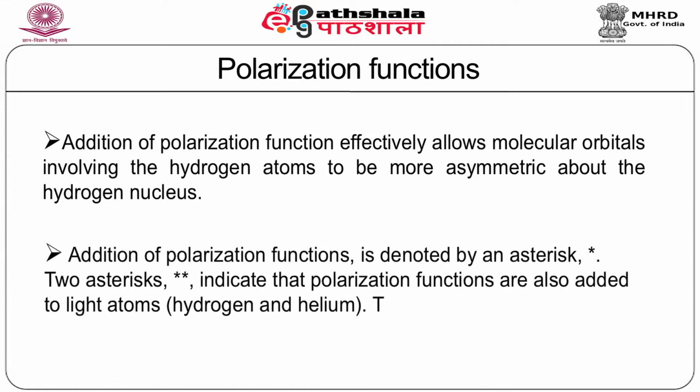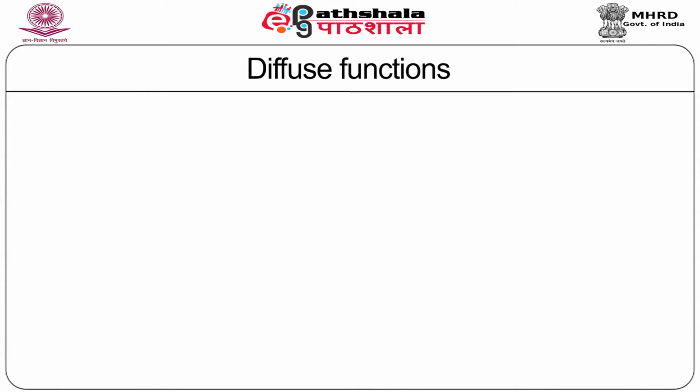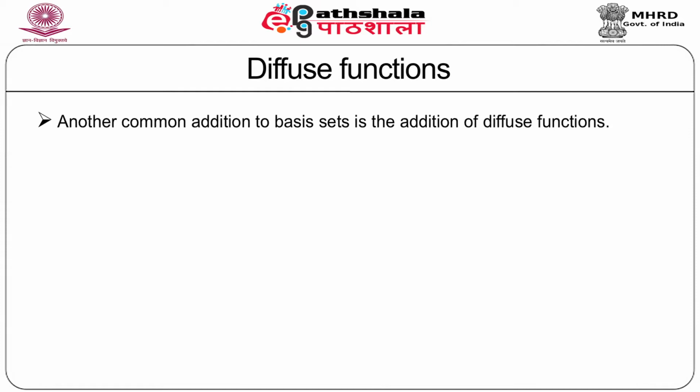Addition of polarization functions in the basis is usually denoted by an asterisk, that's the star, and two asterisks denote that polarization functions are also added to light atoms like hydrogen and helium. Another common addition to the basis set is the addition of diffuse functions.